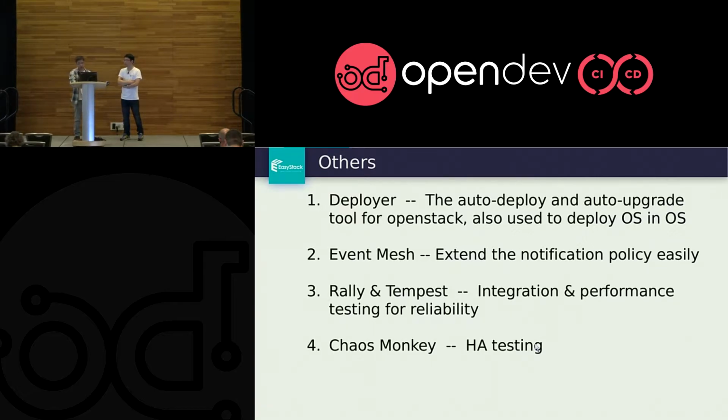Now we use this event mesh to do several things, like notification. We can send a notification to a Slack message and to your email, and also we built some jobs which are triggered by this event mesh to update Zuul itself.